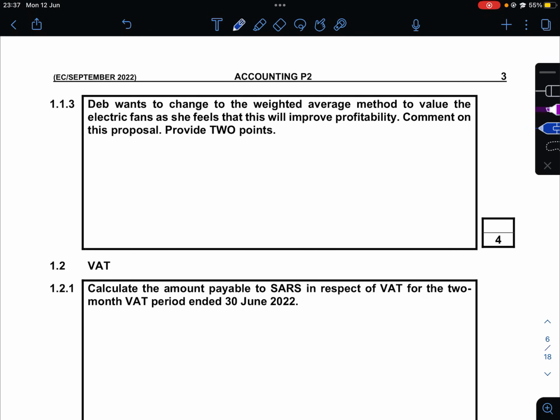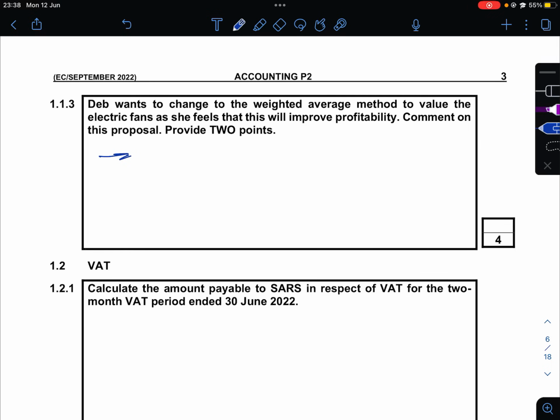So the first thing that comes to mind when I'm dealing with such questions, when you want to change your weighted average method or your FIFO stock valuation method to any other, is that no, this is really unethical, because you might be trying to manipulate your financial statements.